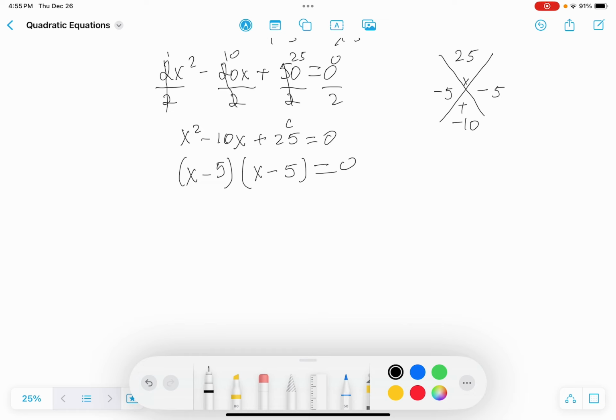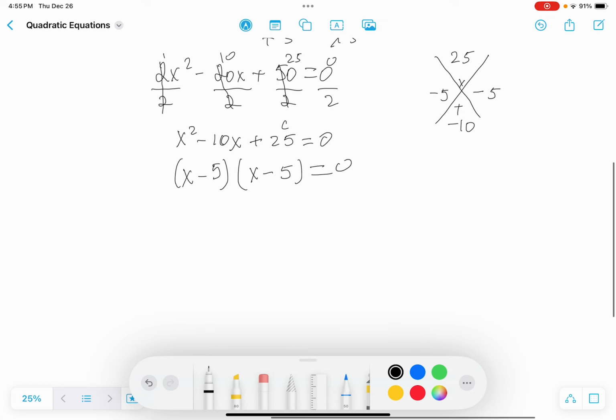Now we have a product of two parentheses, x minus 5 and x minus 5, equals 0. In order for this product to be equal to 0, each factor, or even one of them, will be 0. And that will be okay for solving this equation.